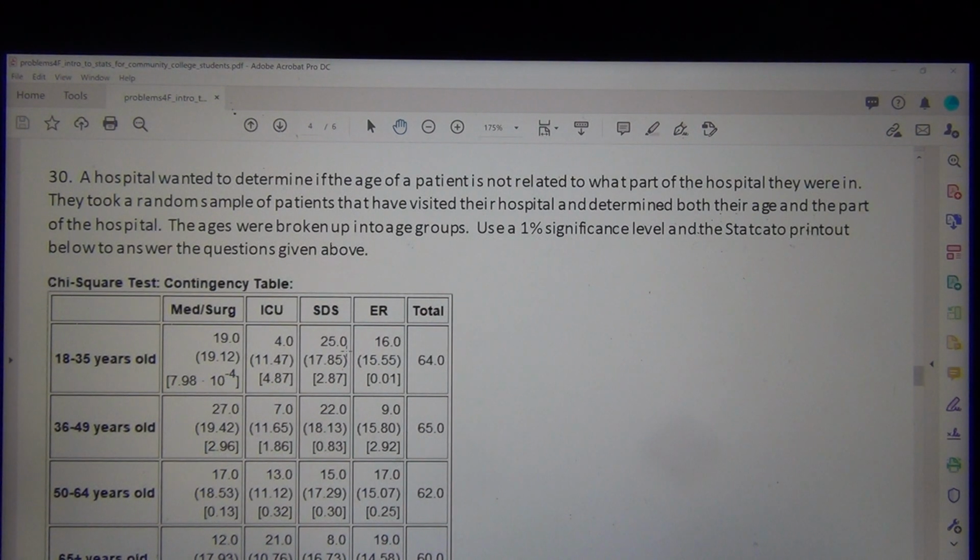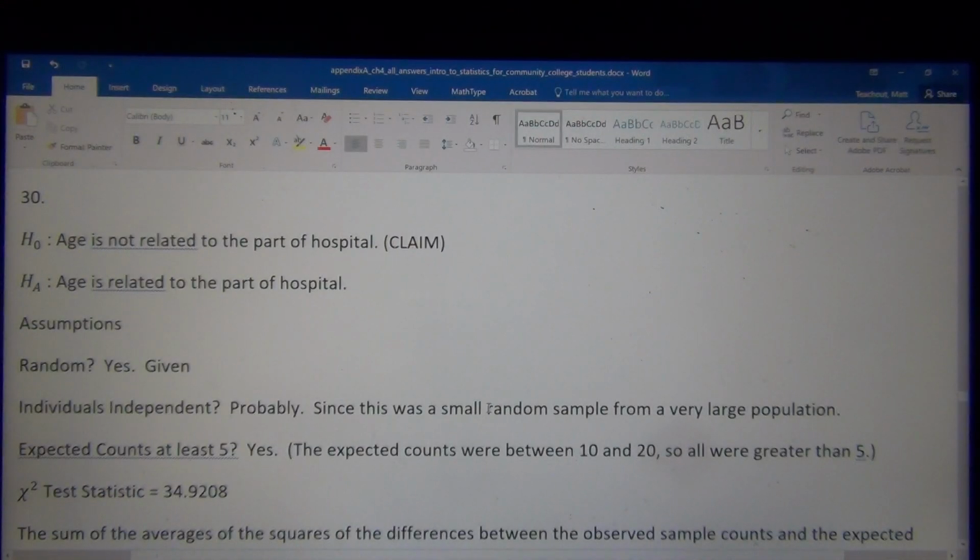It says here they want to determine if the age is not related. So not related, remember, is the null hypothesis. So it sounds like that's going to be our claim. I'm going to write the null as age is not related to the part of the hospital, and the alternative is age is related to the part of the hospital. And again, the claim was that they're not related or independent of each other.